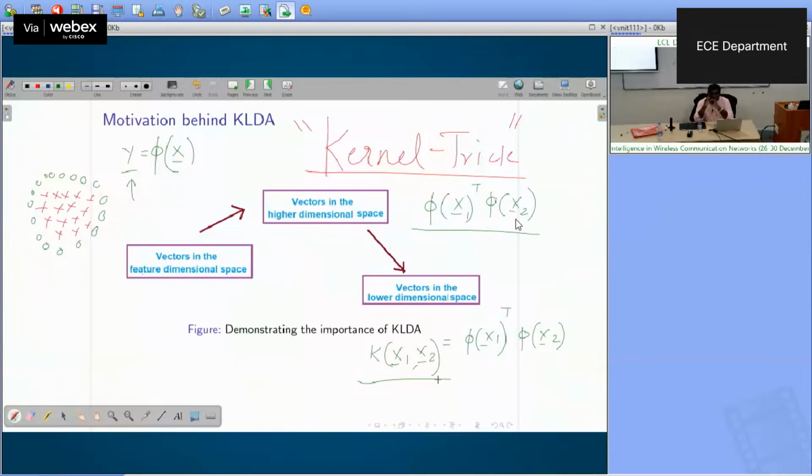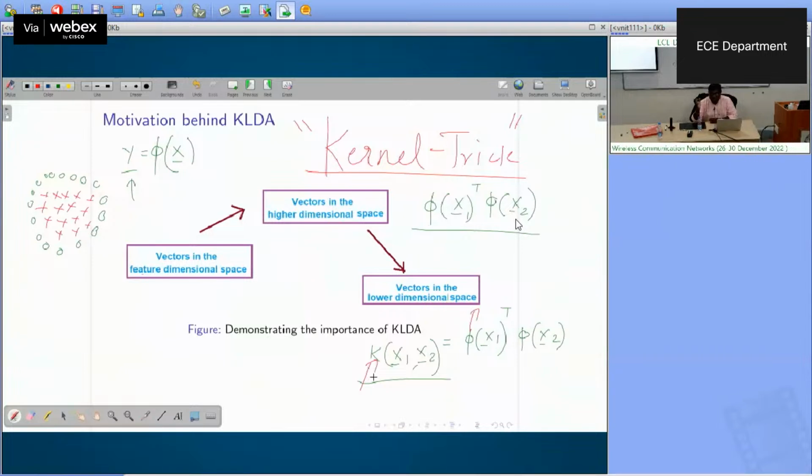I don't want phi anymore. I don't want this, but I want this. This is the kernel trick. In the derivation, when you find the linear plane that separates the two classes, in higher dimension we call it a hyperplane. In 2D it is a line, in 3D it is a plane, and if you move to a higher dimension, we call that a hyperplane.